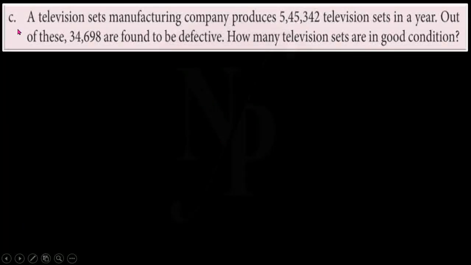C. A television sets manufacturing company produces 5,45,342 television sets in a year. Out of these, 34,698 are found to be defective.